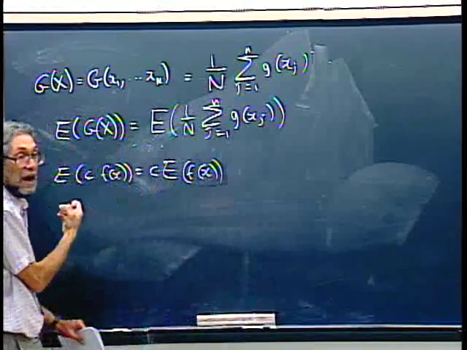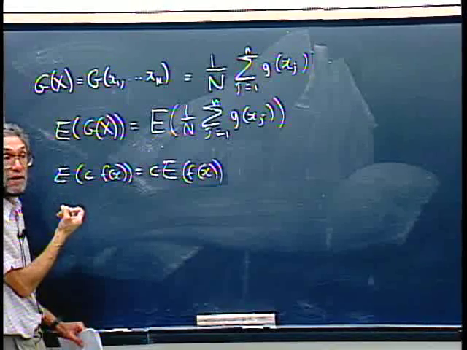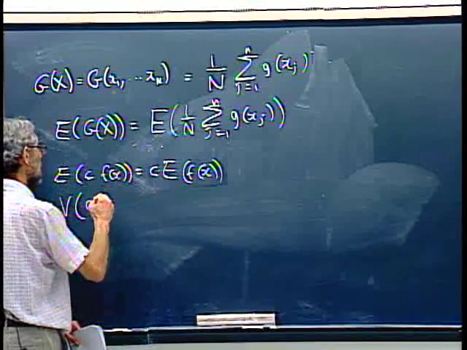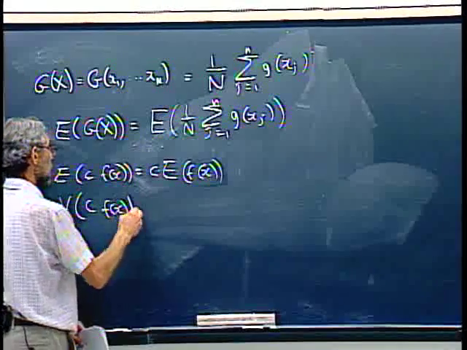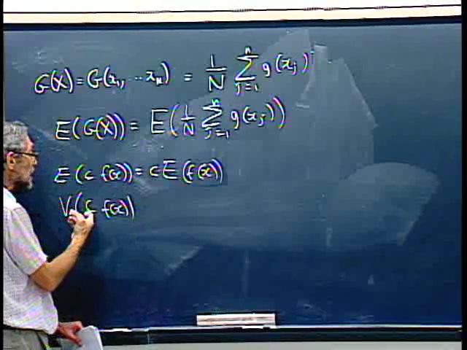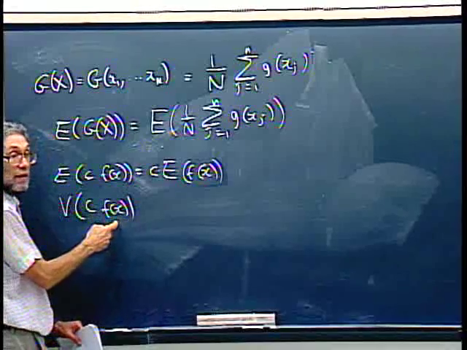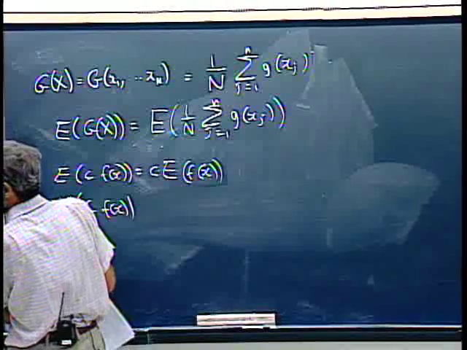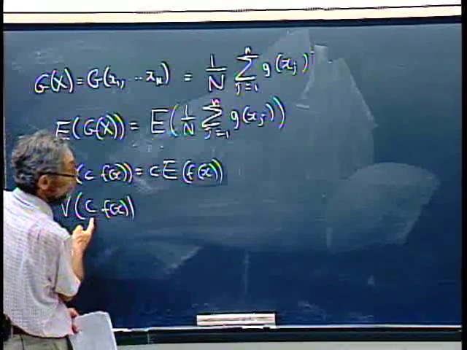Again, that's just taking the constant out of an integral, right? Because the expectation is an integral. And what about the variance of a constant times a function? Well, that integral has things squared in it.